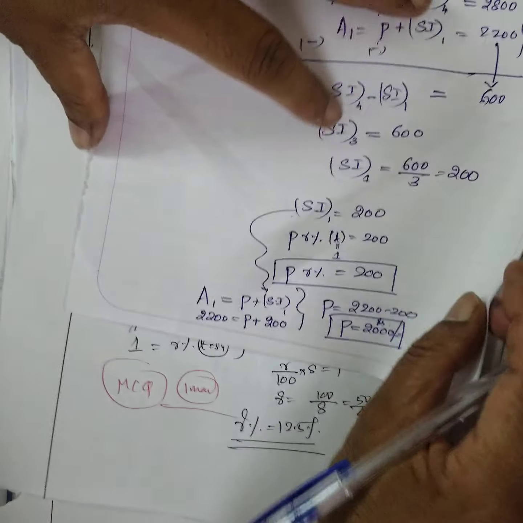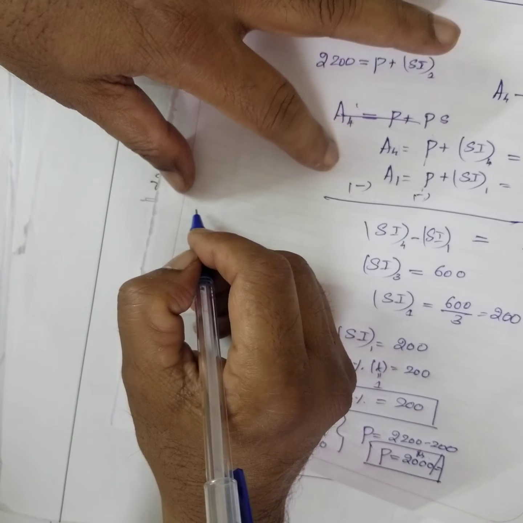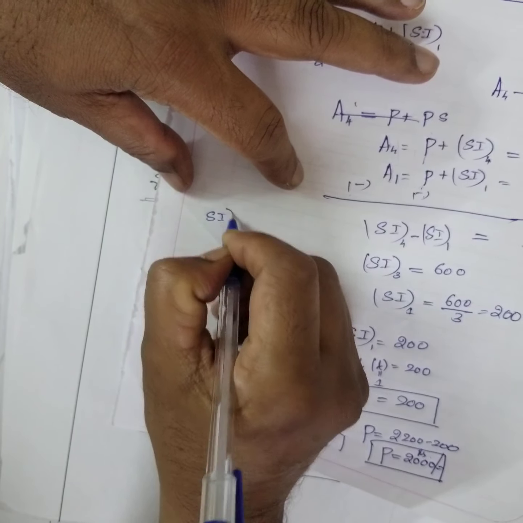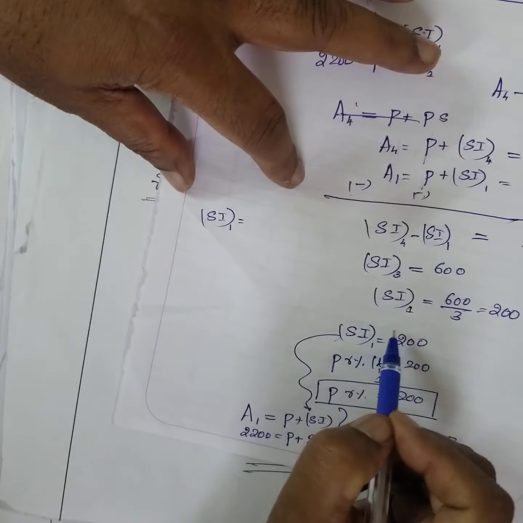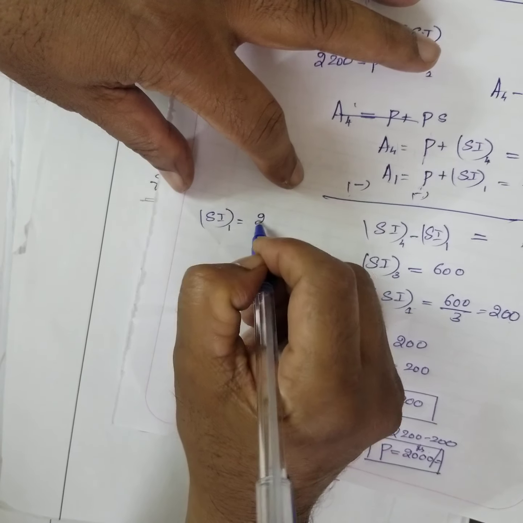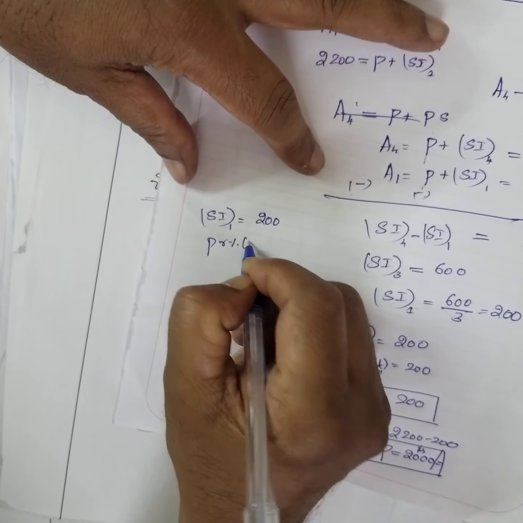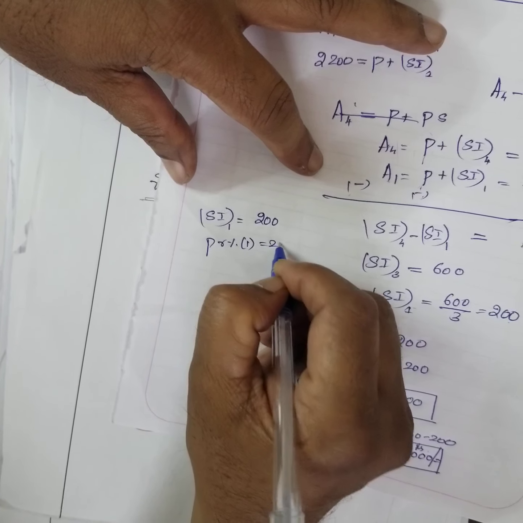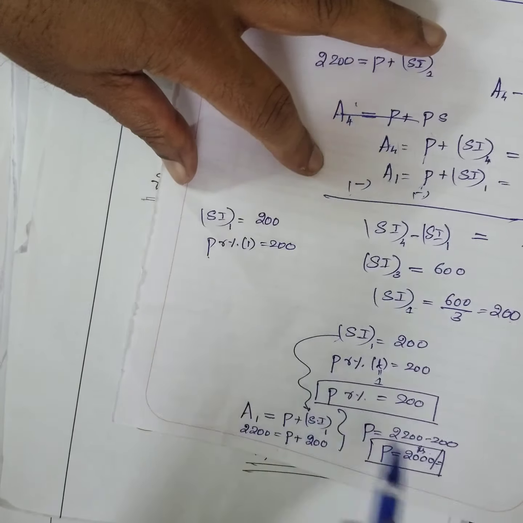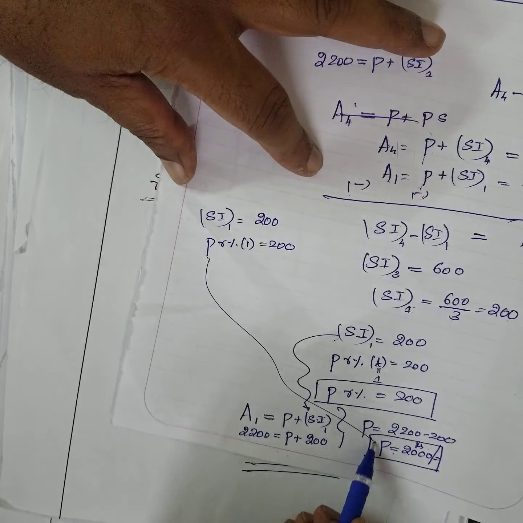Then how to find the rate of interest? Simple interest for 1 year, how much did you get? 200. That is equal to principal into rate of interest, T is 1 year, equal to 200. Principal is 2000.